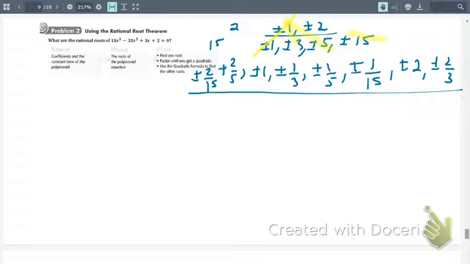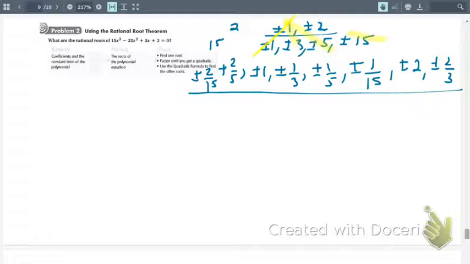Alright, so there is our list of possible rational roots. Now, I just want to find what one of them is. Once I find one, the result will give us a quadratic equation that we're going to be able to solve using the quadratic formula.